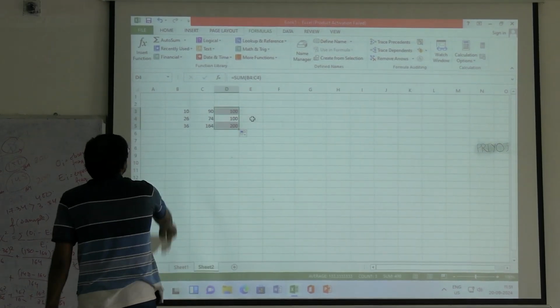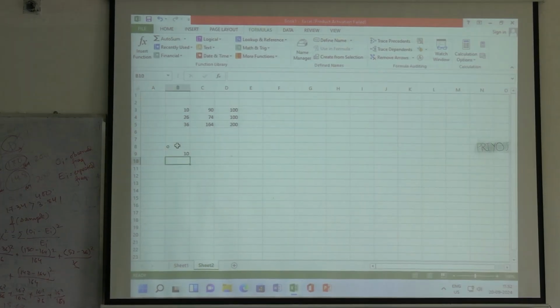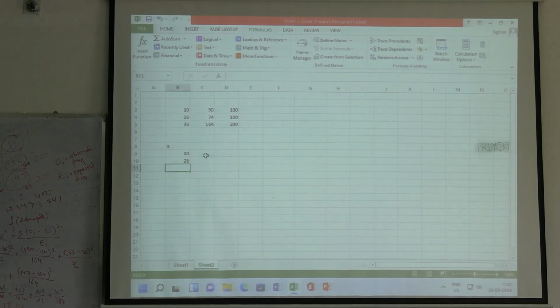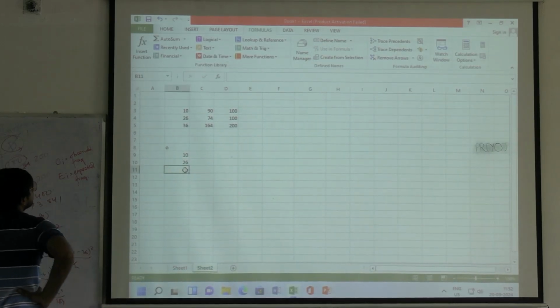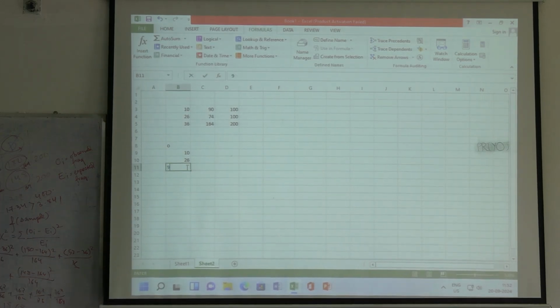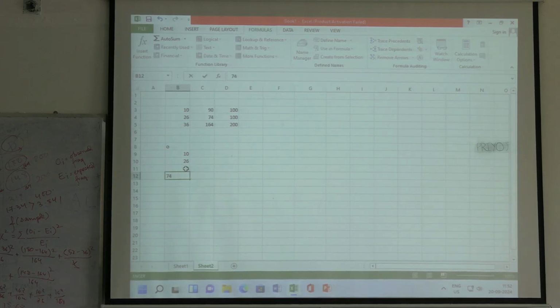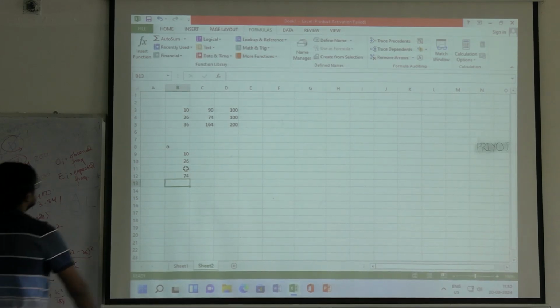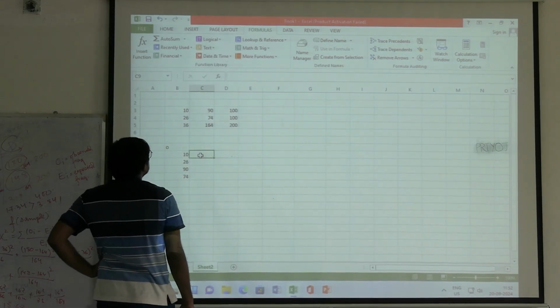Done. Write the observed frequencies here. If you are afraid of using the computer, you need not be. That's it. Come here. Now do the totals.